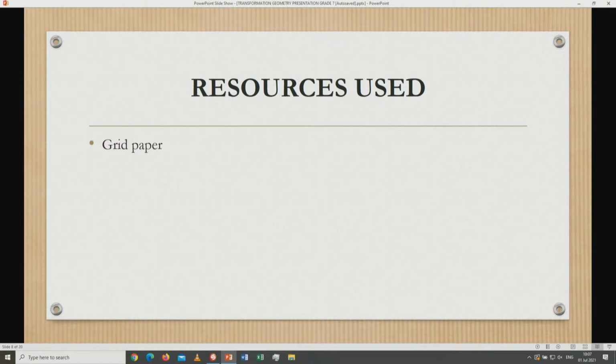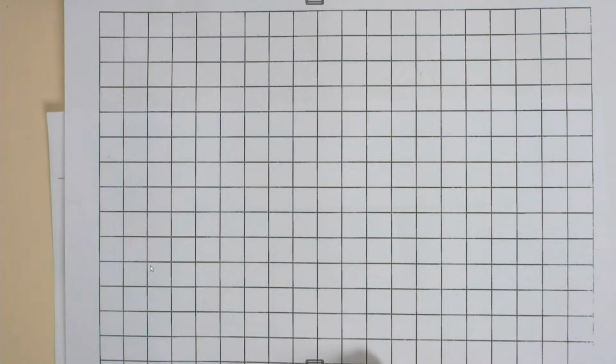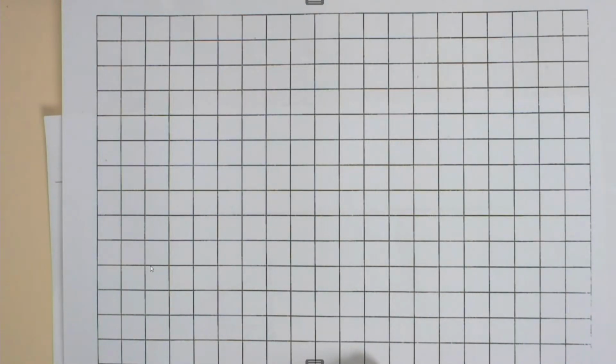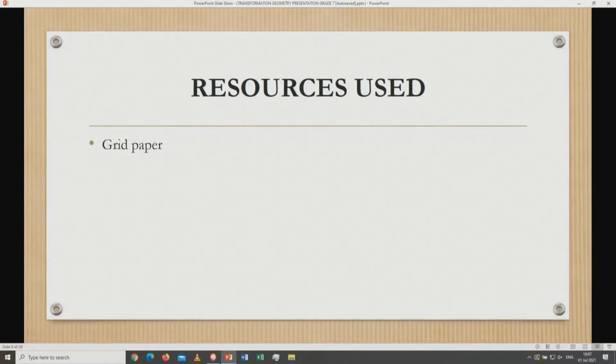A grid paper is a paper like this one. So this is a grid paper. That is the first thing that we need as one of the resources that we'll be using under this topic. And then what else?